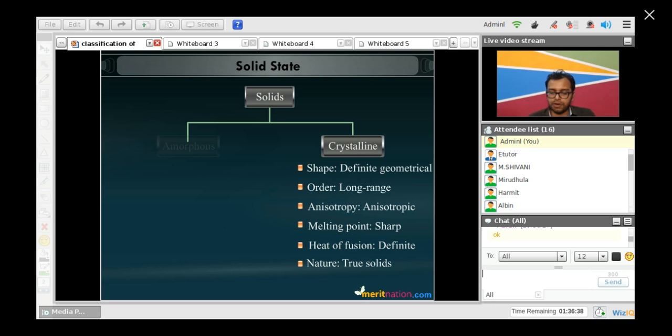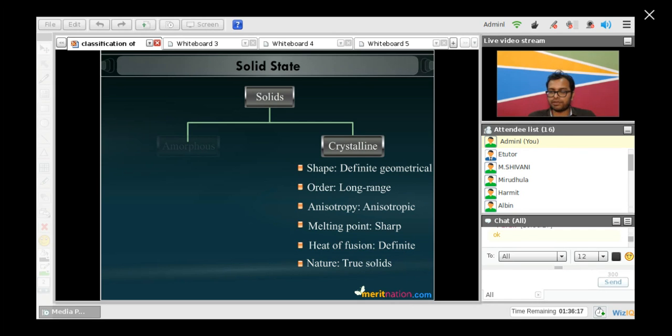Now you will observe a sharp melting point in the case of a crystalline solid, and the heat of fusion of the crystalline solid will also be definite. Why? How can you see that the heat of fusion will be definite?